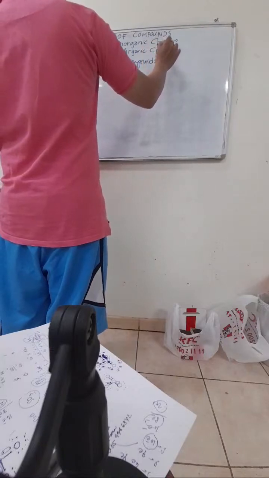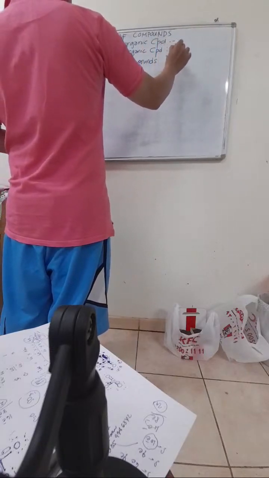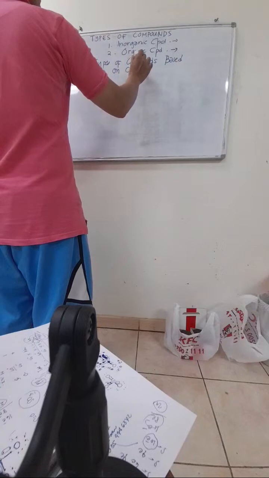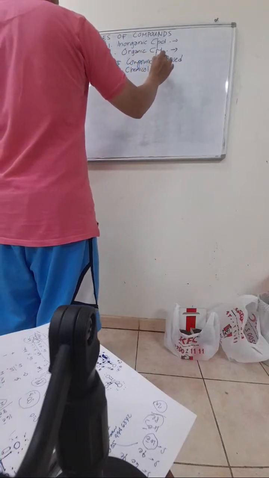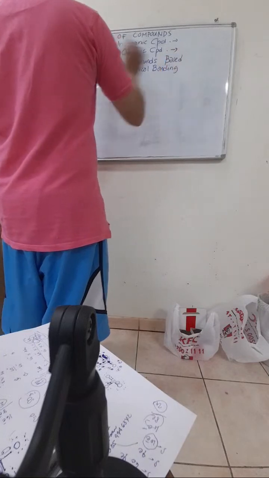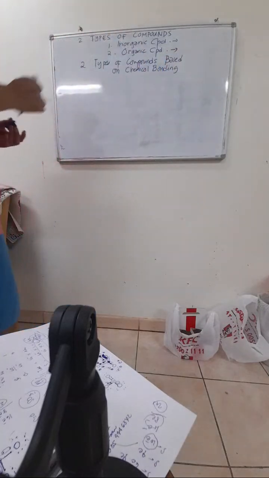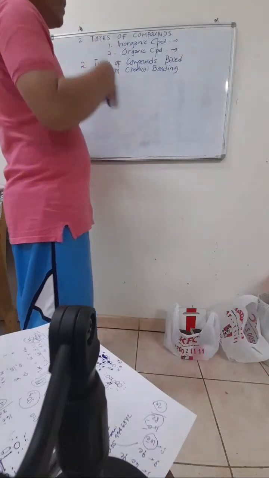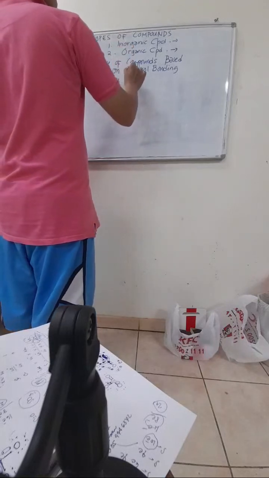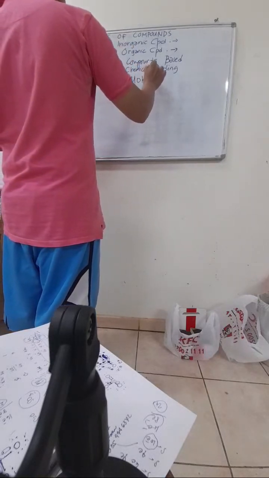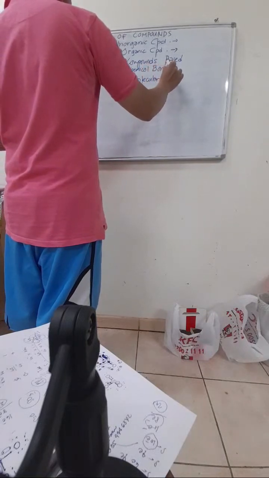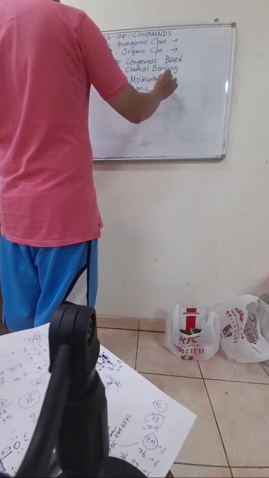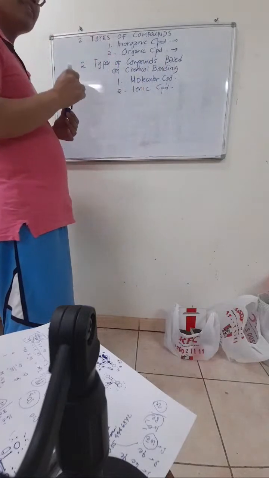So, two types of compounds based on chemical bonding. This is not specific; your answers will not be organic compound. It could be molecular compound and ionic compound.